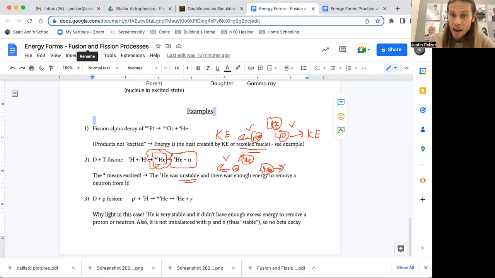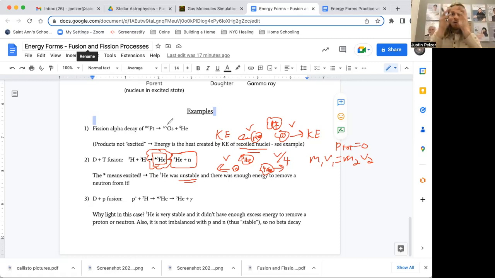The neutron goes faster because it's lighter. The helium-4 goes slower by a factor of 4, right? Because it's 4 times as massive, by conservation of momentum. m1v1 equals m2v2 to conserve momentum, just because the total momentum is 0. It started out with just a helium-5 in place, and then boom, they went in opposite directions.